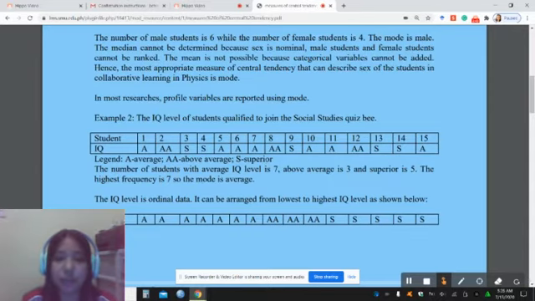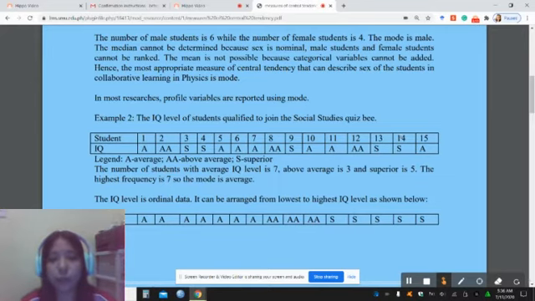If we count for letter A, it is 7, while the number of above average is 3, with 5 superior. Based on that observation, we can again say that the mode in this data is average.